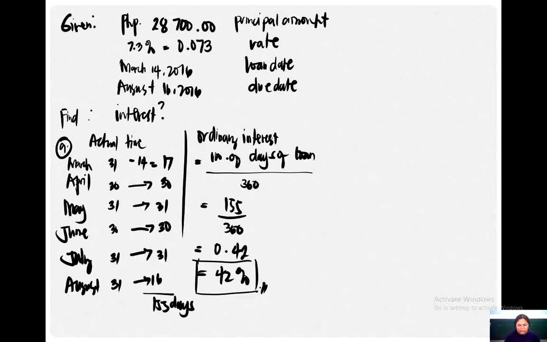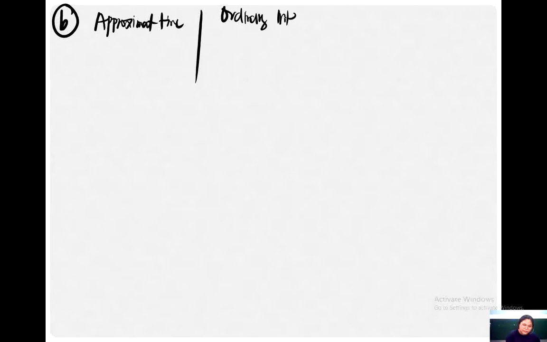Okay po, so let's have letter B. Letter B, we are asked to get the approximate time and the ordinary interest. So again, let's list down everything for the approximate time.